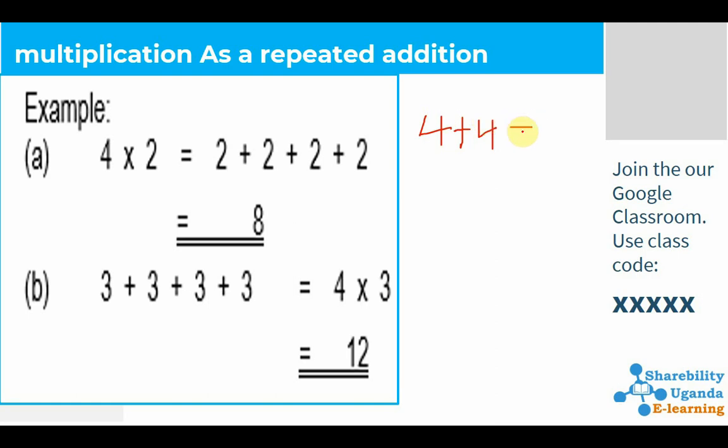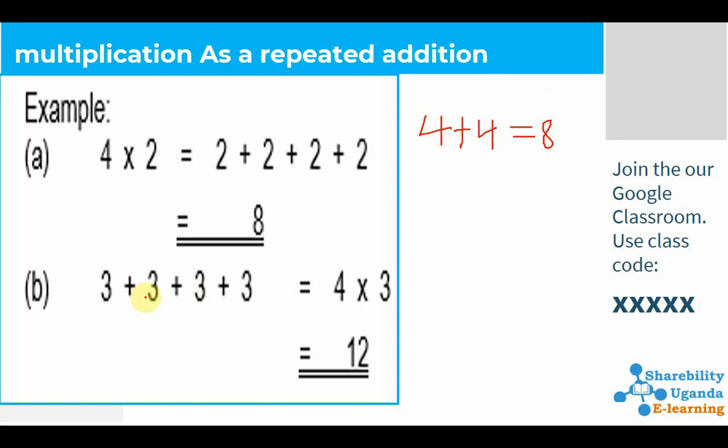We come up with the answer, which is 8. So this is a simple way that you can use to find multiplication. When they say 4 times 2, you say 4 two times, and then you add. So this method is still the same as this one.